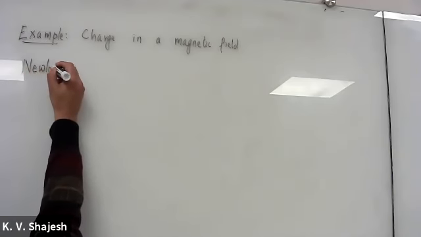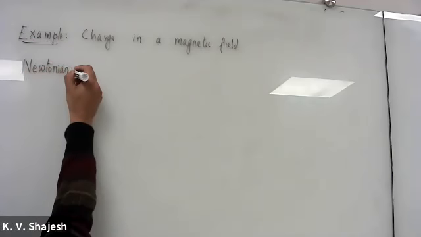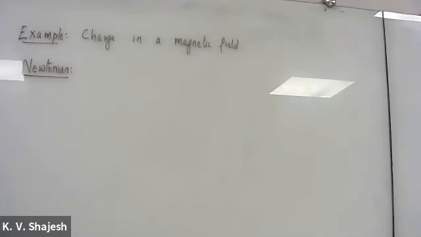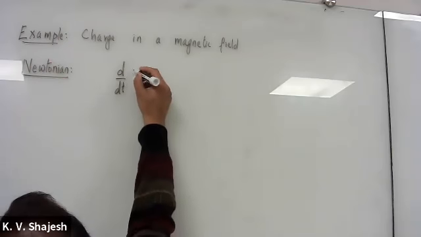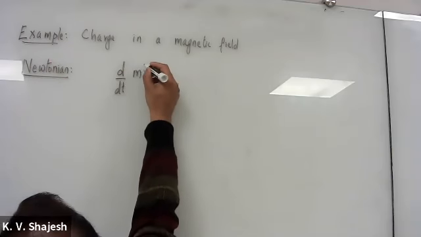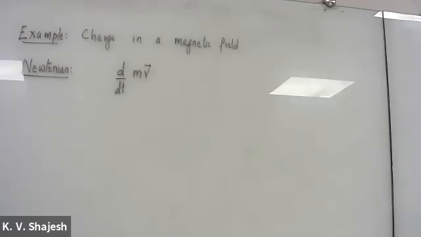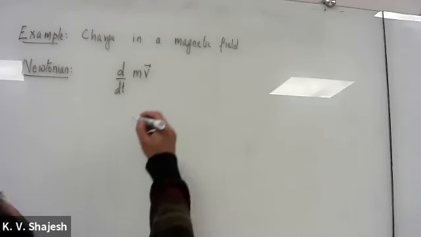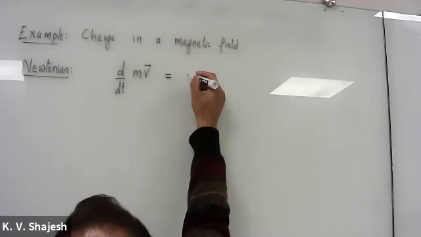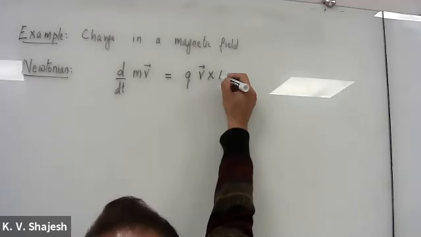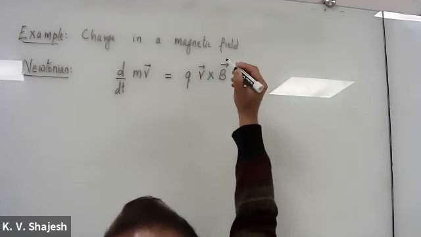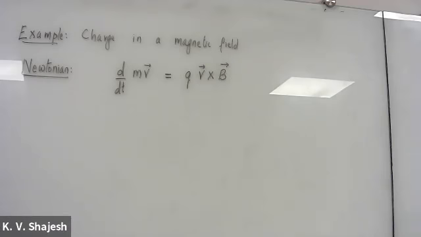The Newtonian equation of motion for a charge in a magnetic field will be d by dt of mass times velocity. This is the actual velocity of the charge, right? That's equal to q v crossed with B. Correct?